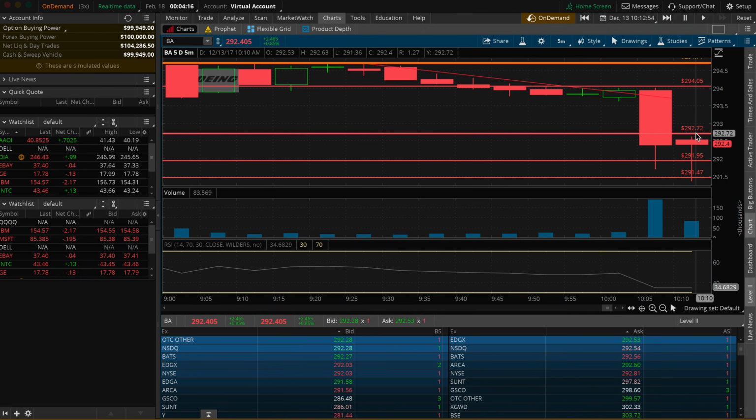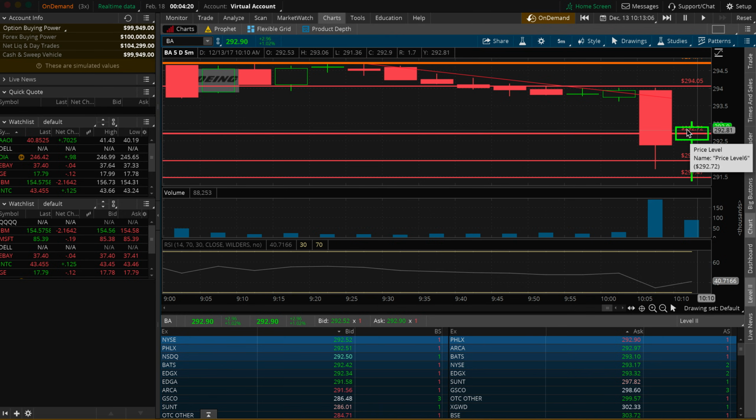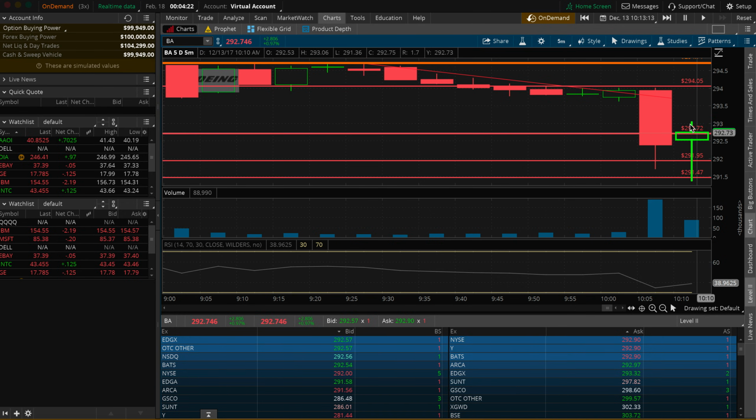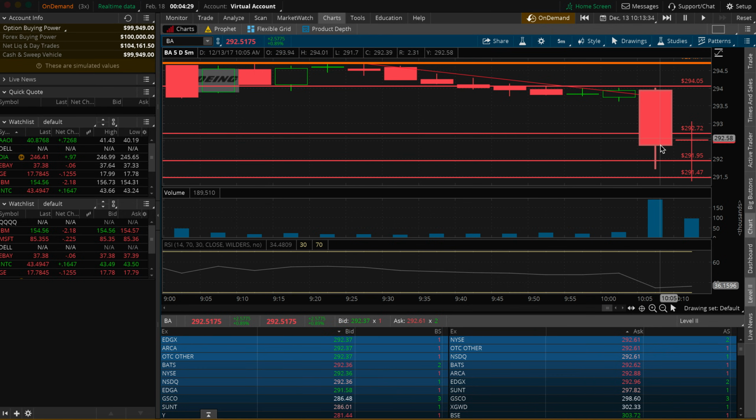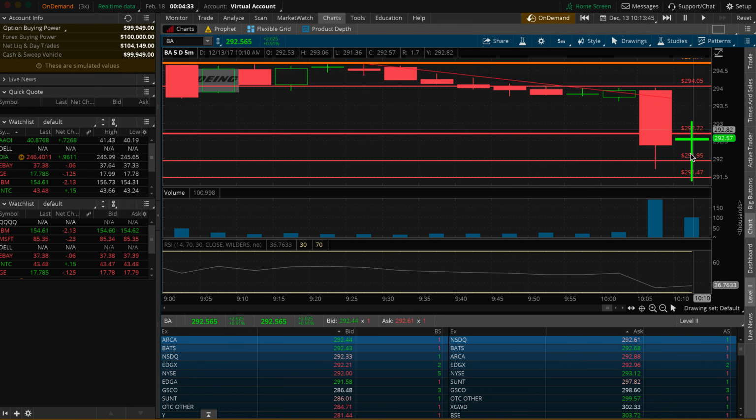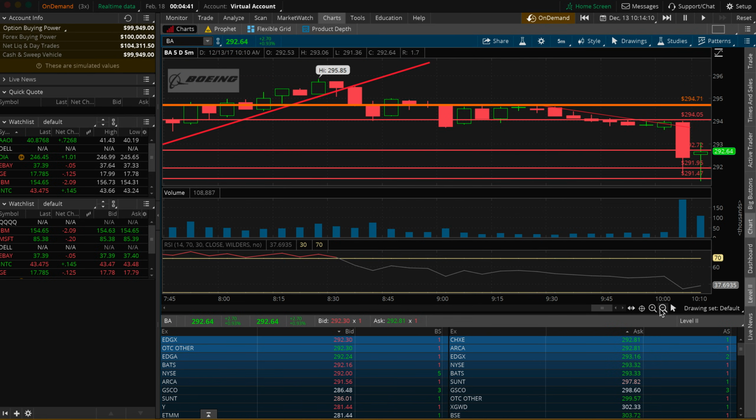If it doesn't push through that, we won't sell. If it does, we'll sell. Ooh, push through it. But is it going to close above it? Doesn't look like it. After this massive selling, if it does, that's a bullish sign. If it doesn't, then you continue on to the downside.